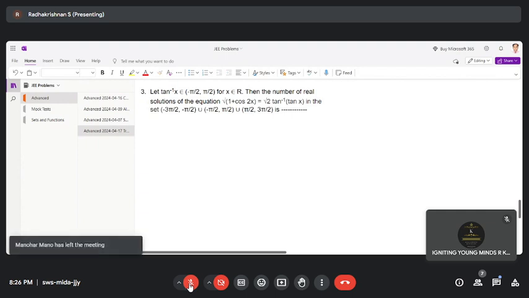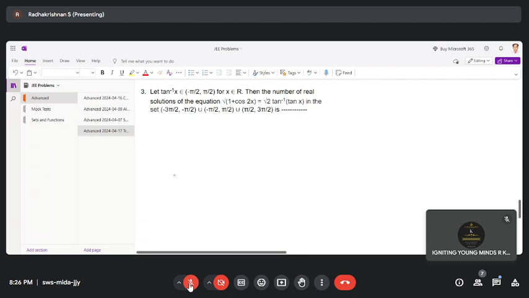And the number of real solutions of the equation: square root of 1 plus cos 2x, the entire thing under the square root, is equal to square root of 2 into tan inverse of tan x, in the given set.